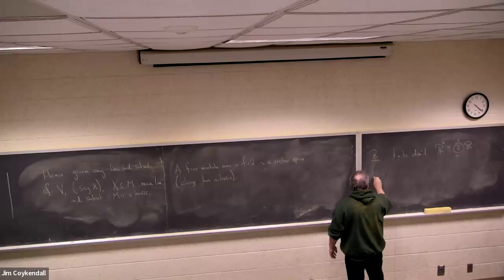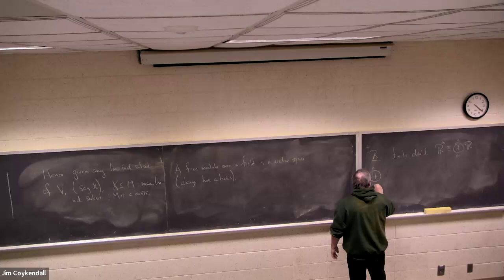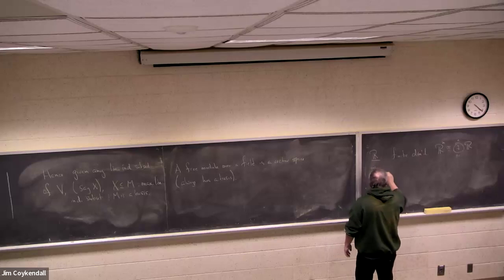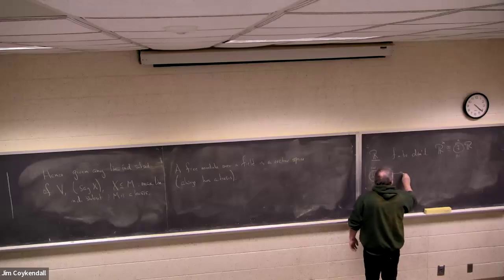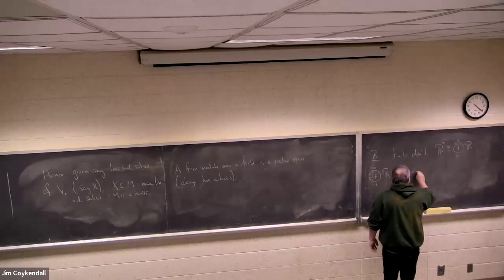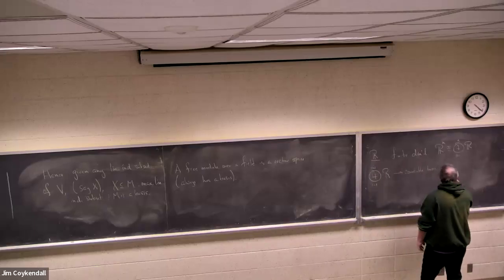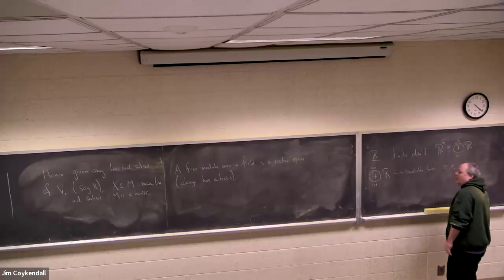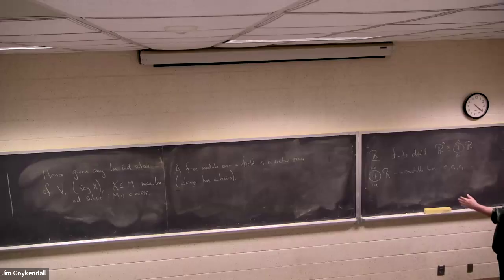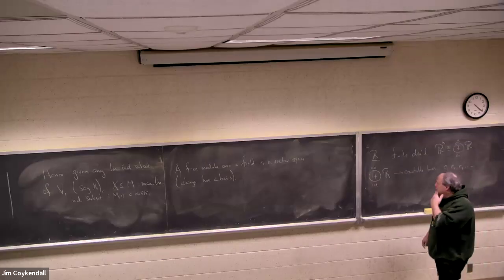Infinite dimensional might look like this. So it's a countable basis, E1, E2, E3, forever, where Ei is the standard thing where you have one in the ith coordinate, zero elsewhere. But it can be much bigger than this.